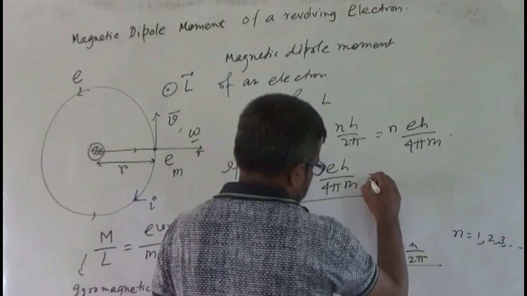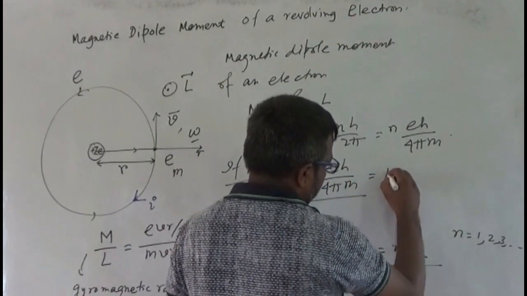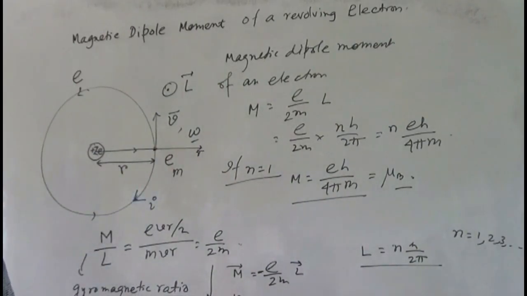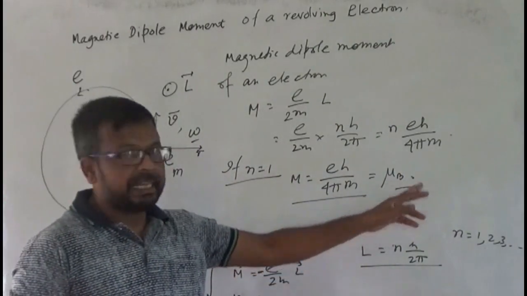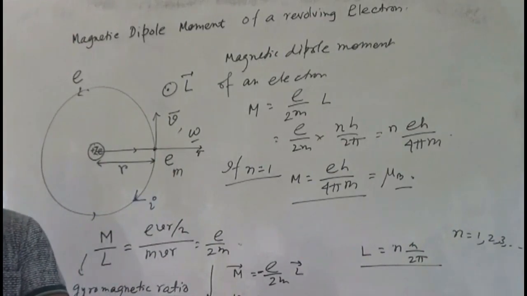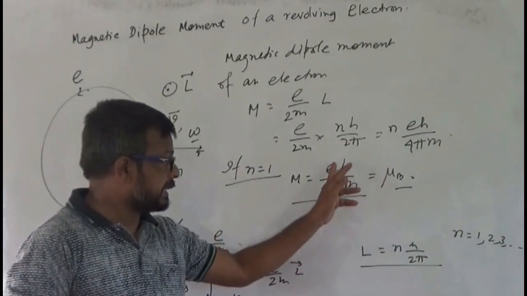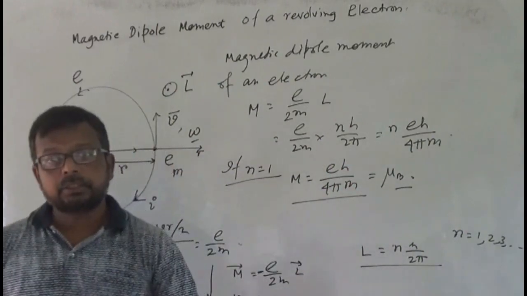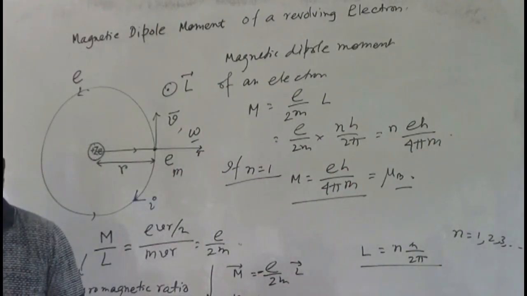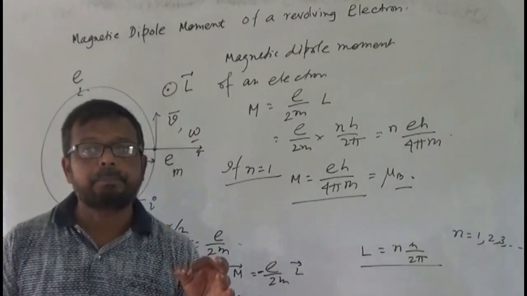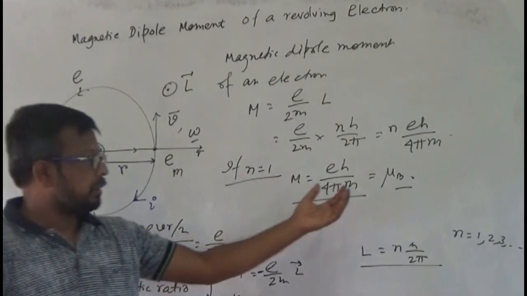And this eh by 4 pi m is termed as mu B, and is called the Bohr Magneton, denoted by mu B. This eh by 4 pi m is called Bohr Magneton, and it serves as natural unit of magnetic moment.